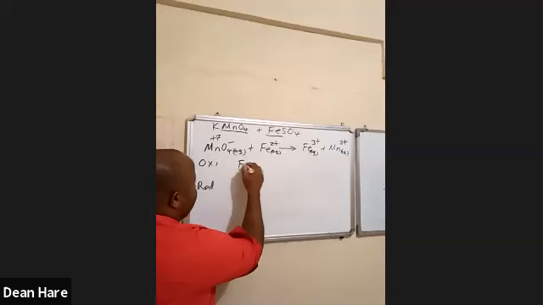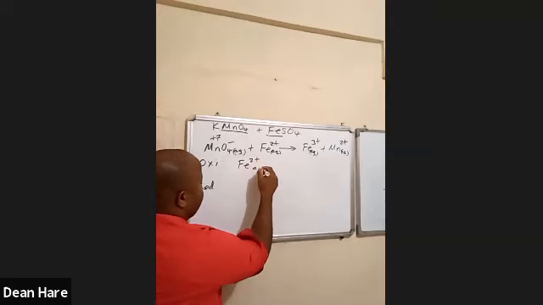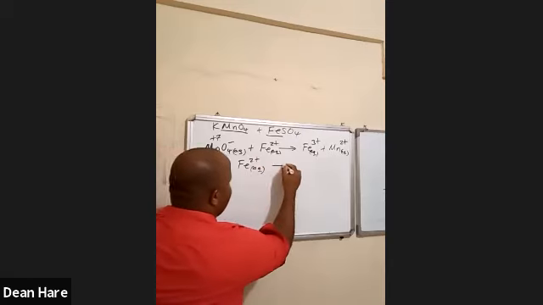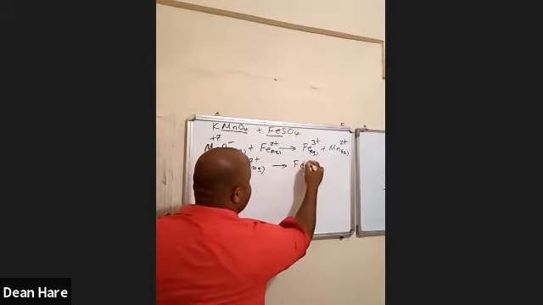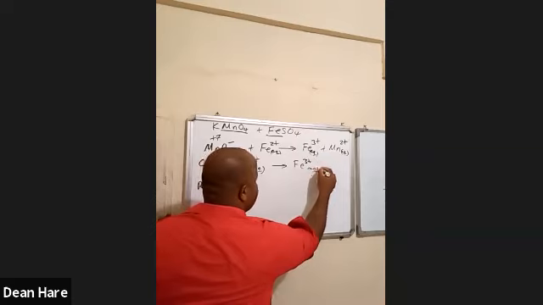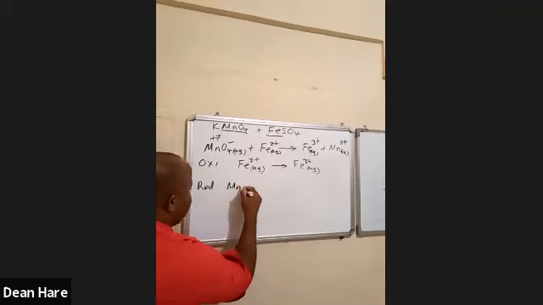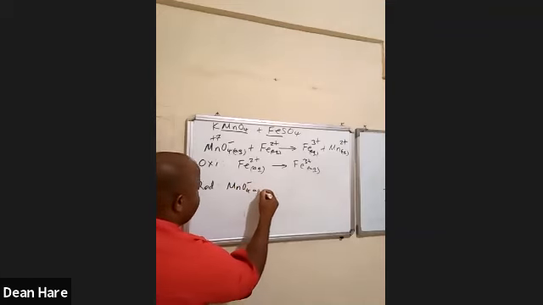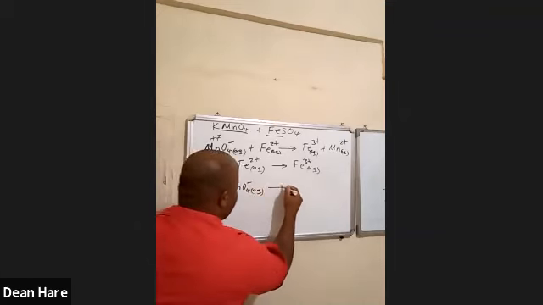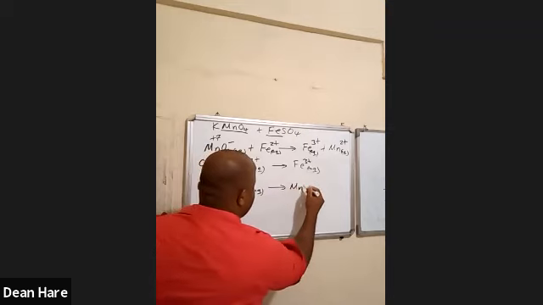Iron. Right. So we have Fe2+ as a reactant going to form Fe3+ as the product. And which species is being reduced? Potassium manganese. All right, so we have MnO4- going to form Mn2+.